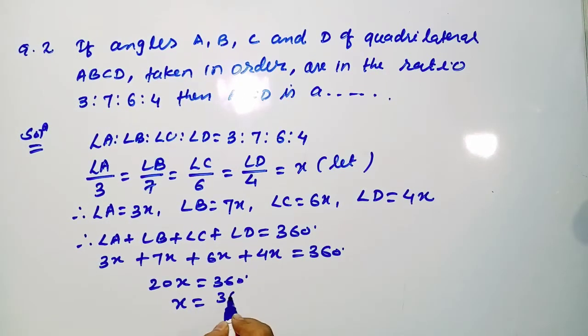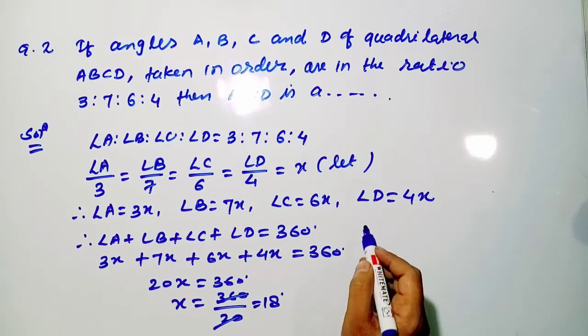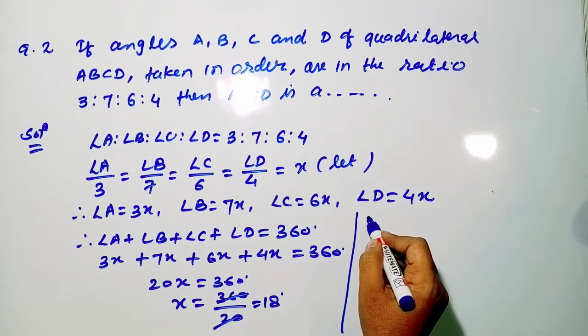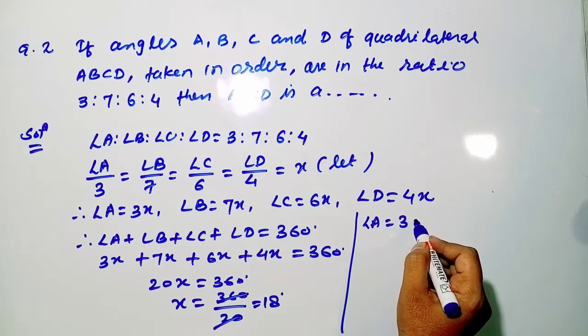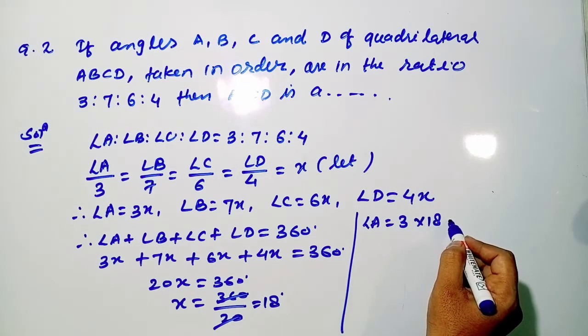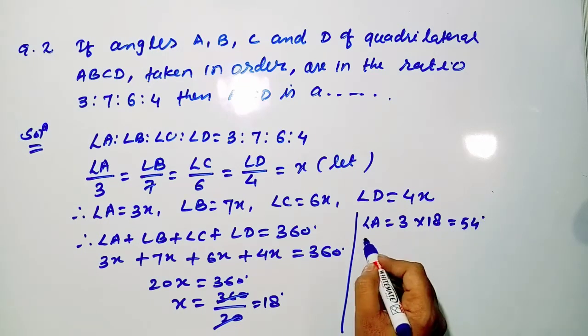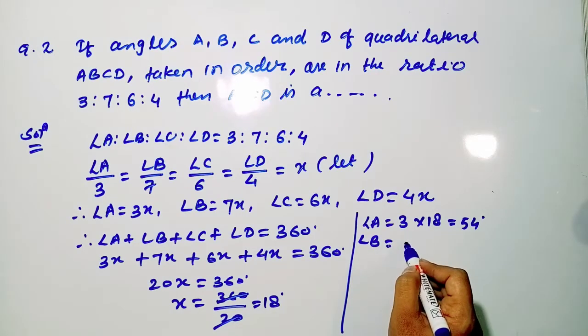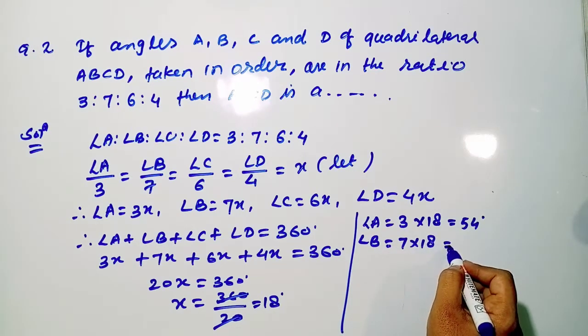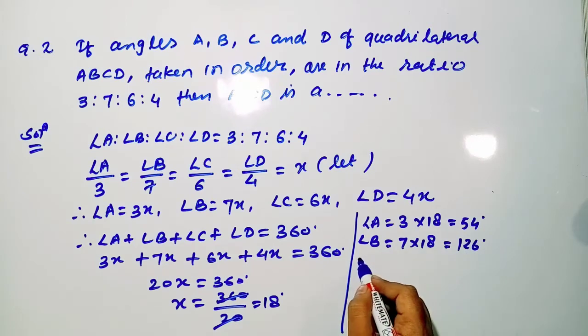So the value of x is 360 divided by 20. Right? By simplifying, we are getting 18 degree. So measure of angle A will be 3x, so 3 into 18 is equal to 54. Measure of angle B is 7x, 7 into 18 is equal to 126 degree.